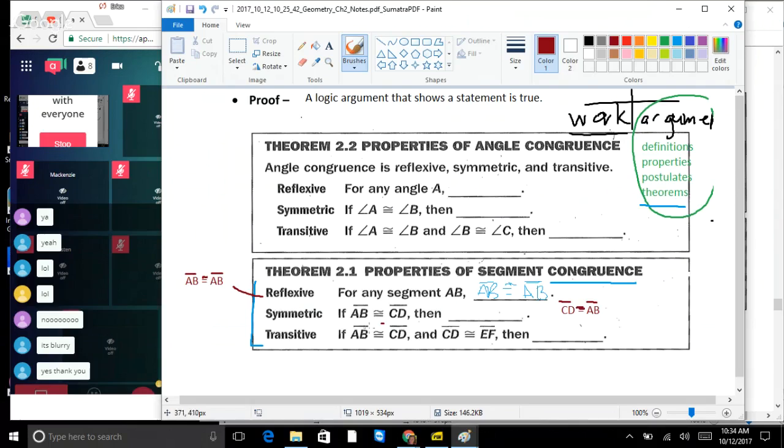And then the transitive property: if we have line AB is congruent to line CD and line CD is congruent to line EF, then line AB is congruent to line EF. There we go. I just have to write it bigger.